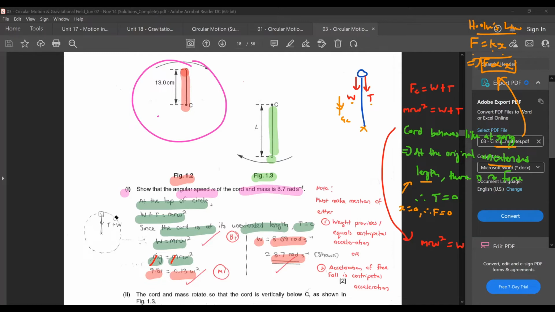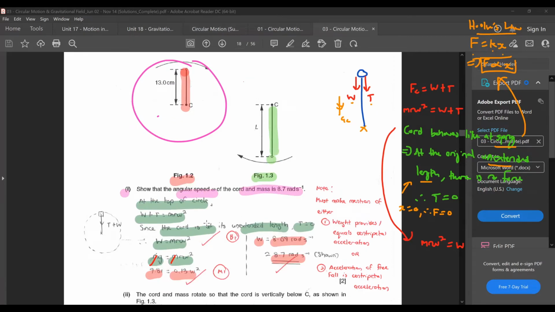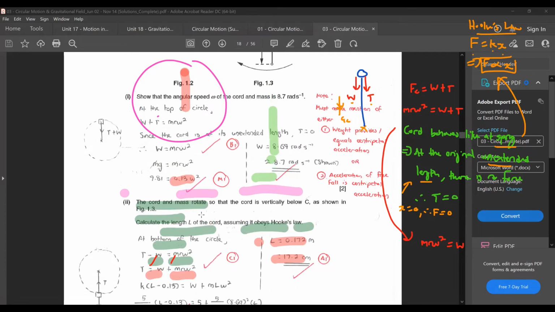It cannot extend. But in this current question, the chord is extendable. It can extend with load like a spring. That's the one thing about this question that is a bit different from the rest that you've done so far. Then after that, we'll move on to part 2.